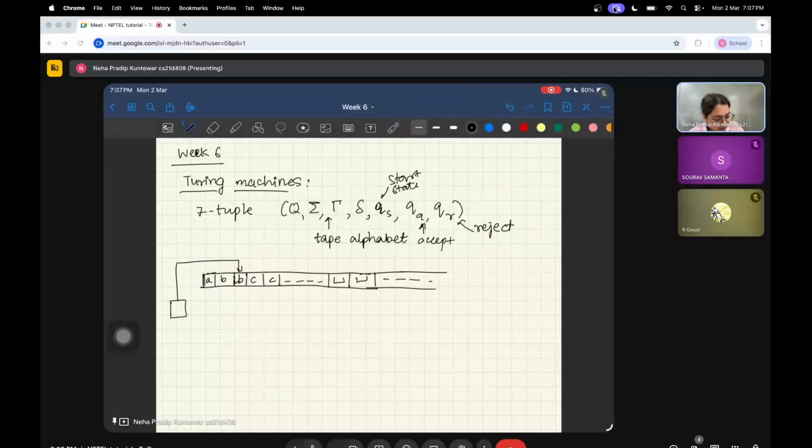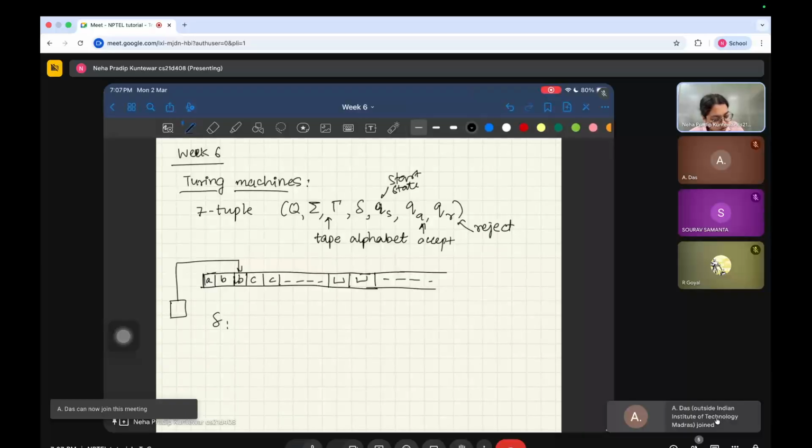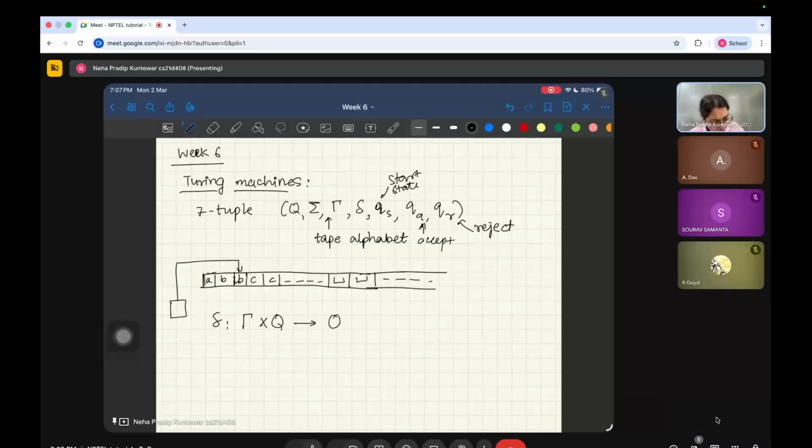The way we define this transition function delta is that you look at the tape alphabet and the current state that you are in, you decide which state to go to, what alphabet to write, and you can go to the left, go to the right, or stay at the same cell. These are the three things you can do. At any point of time you read the cell, you decide whether to change its contents, and then you can move or stay wherever you are, and you keep on doing this.